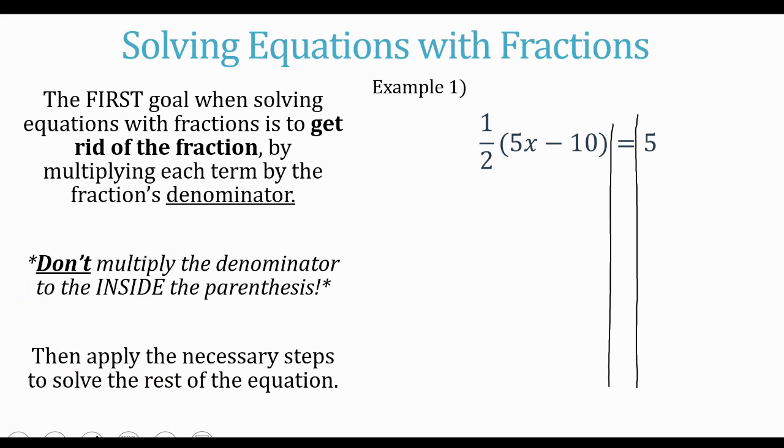And like we said, we're going to multiply each term, not including what's inside the parentheses, because this is one big term, by that denominator. So I'm going to multiply this side by 2, and I'm going to multiply this 5 by 2.